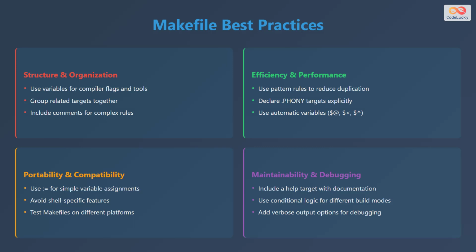Declare targets explicitly and take advantage of automatic variables. For portability and compatibility, use := for simple variable assignments, avoid shell-specific features, and test Makefiles on different platforms. For maintainability and debugging, include a help target with documentation, use conditional logic for different build modes, and add verbose output options for debugging.